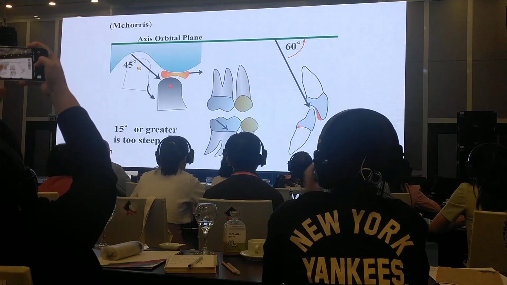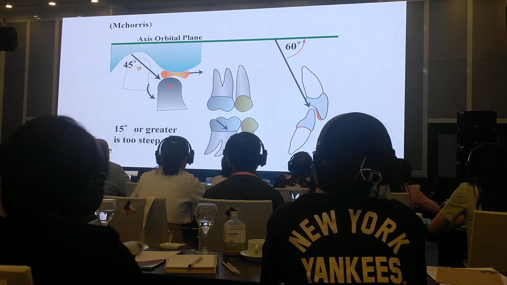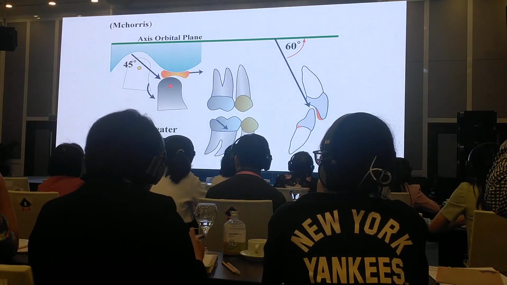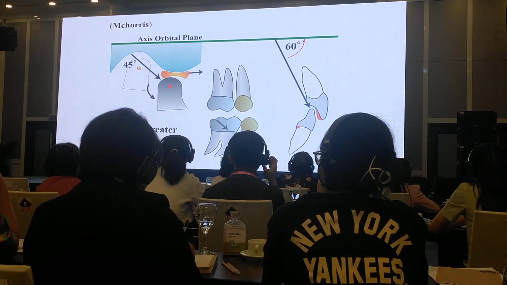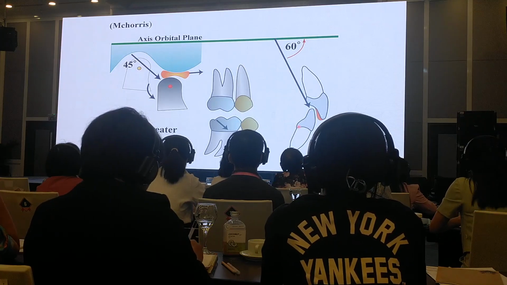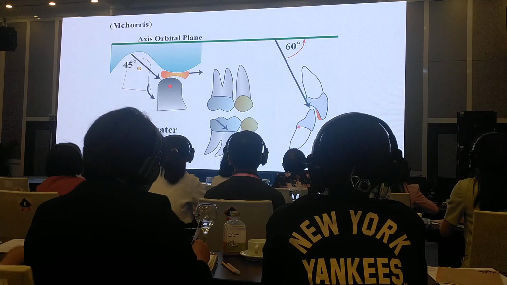He did two previous papers. He put canine lingual surface, but Macaulay's did anterior here, narrowing this space or increasing this guidance inclination.